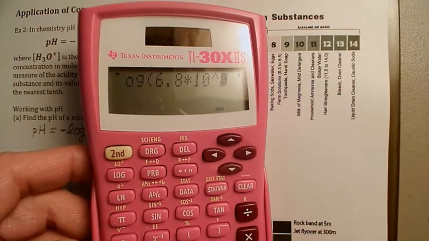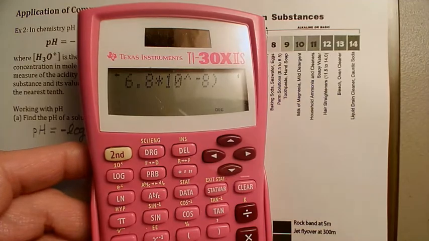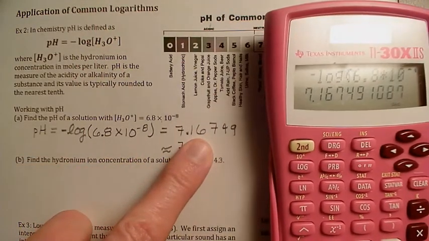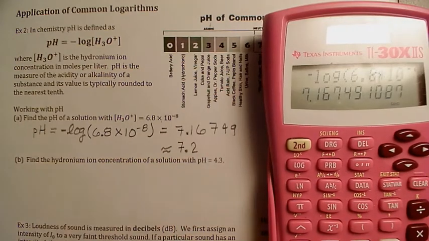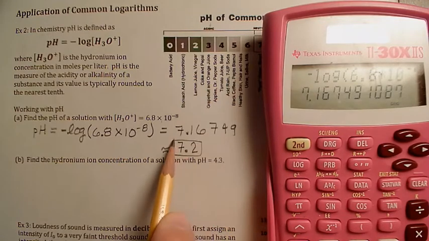So raised to the negative 8, and then close that parentheses, hit enter, and you get the value that we got. And of course, for pH, round to the nearest tenth. So 7.2 would be our answer for that one.